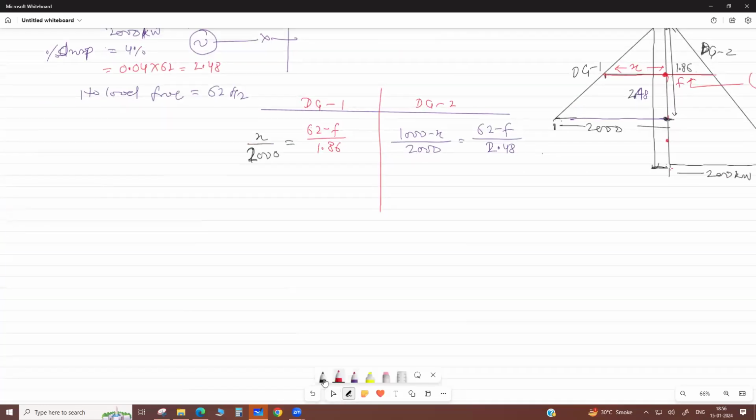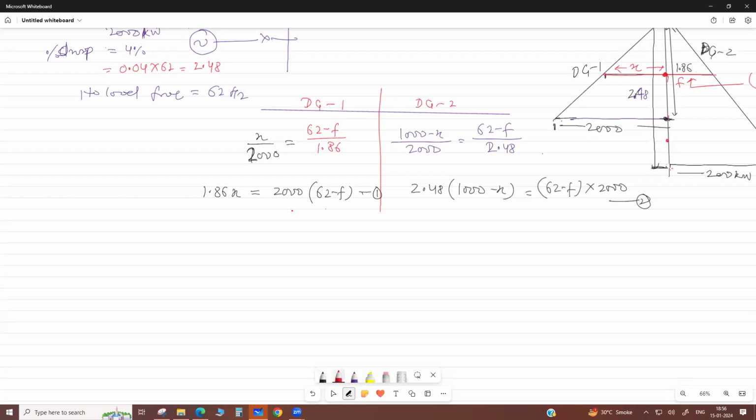Cross multiplying, it comes 1.86 x equals 2000 into 62 minus f. This is one equation. Same here: 2.48 into 1000 minus x equals 62 minus f into 2000. Again, here we get the solution.